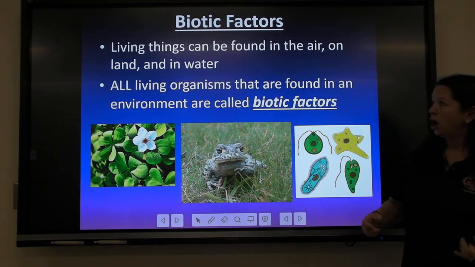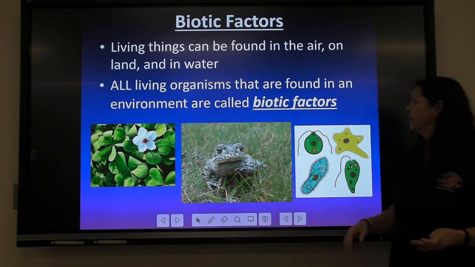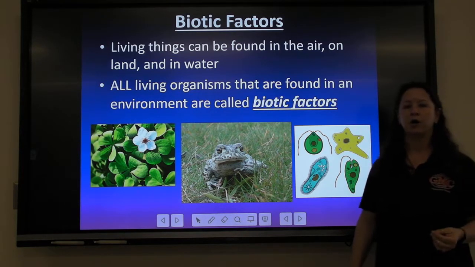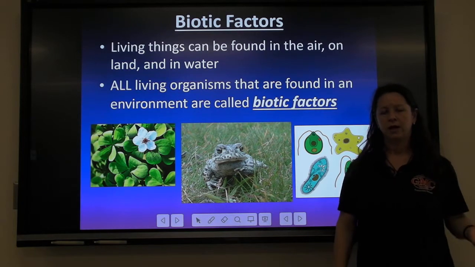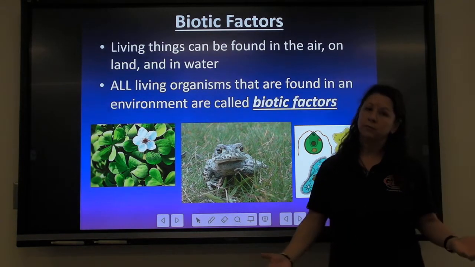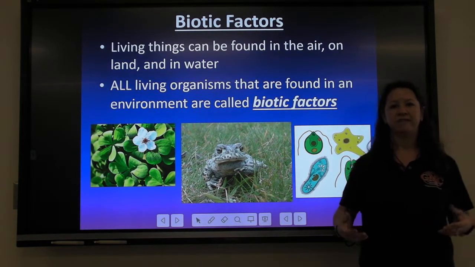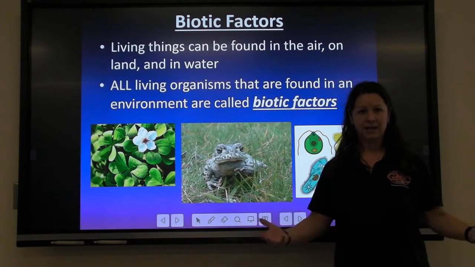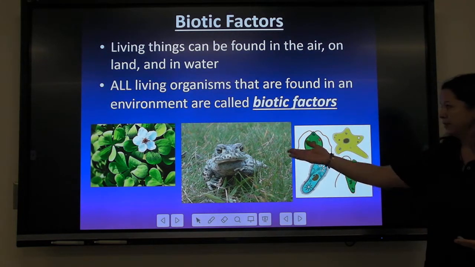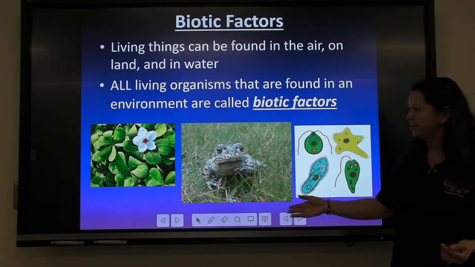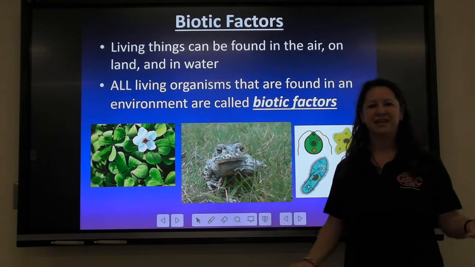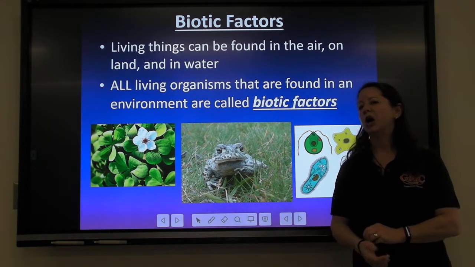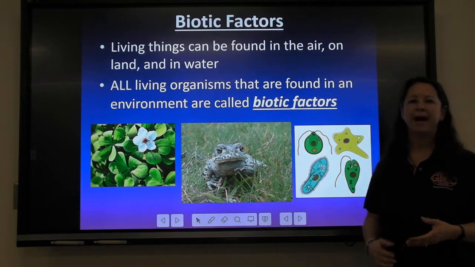All living organisms that are found in the environment are called biotic factors. The prefix bio means life. So biotic factors are living things in the environment. So some examples: some protists, of course frogs, plants, things like that. Those are all living, so they are biotic.